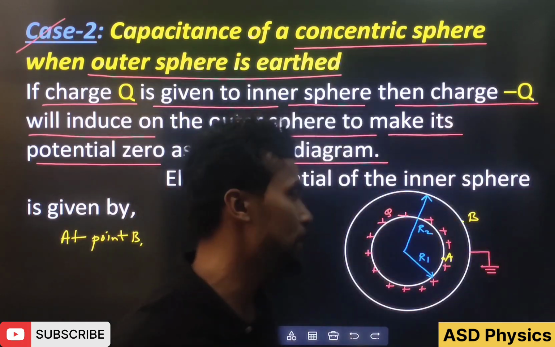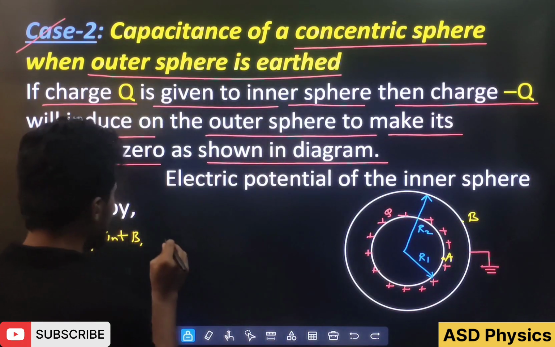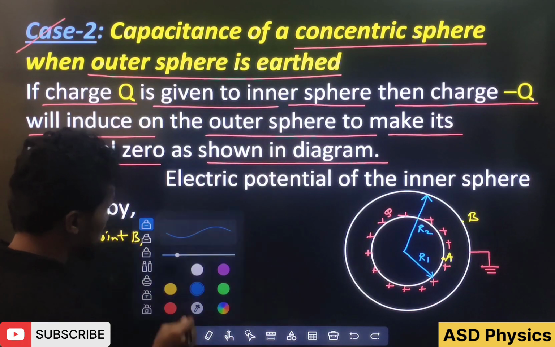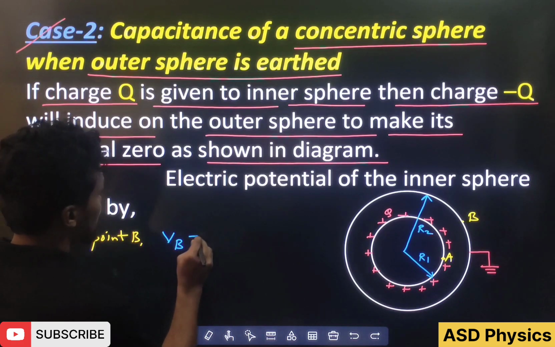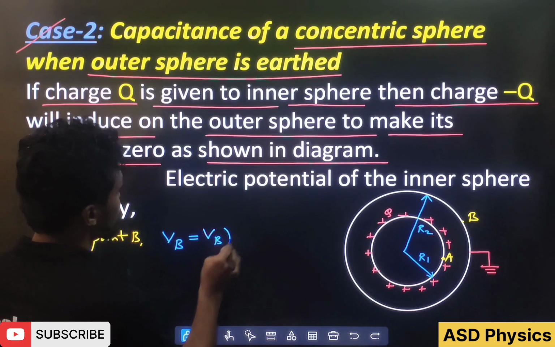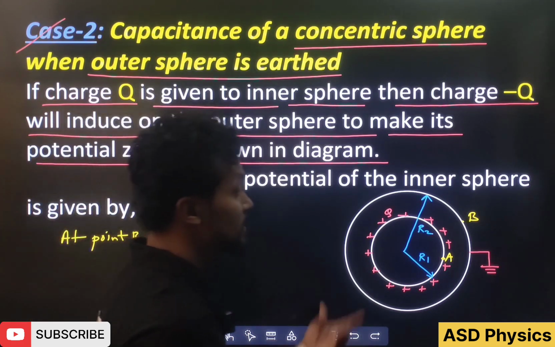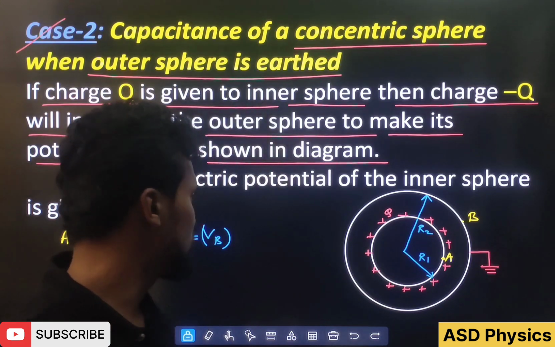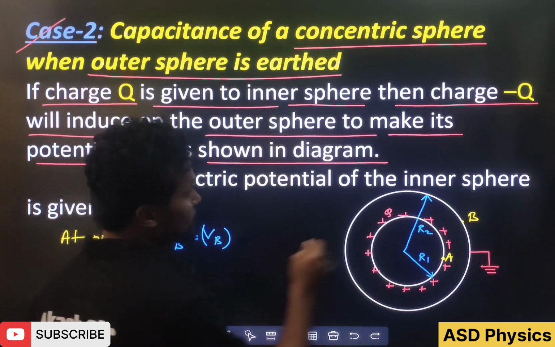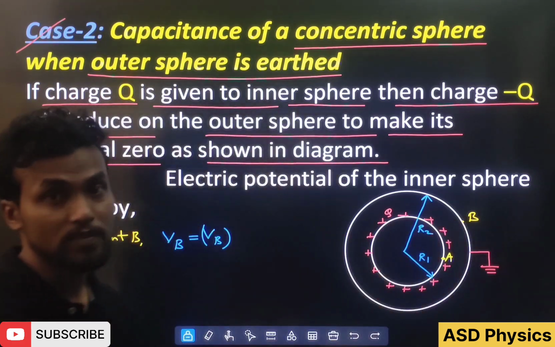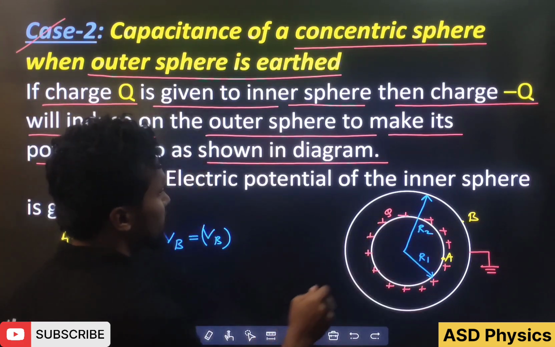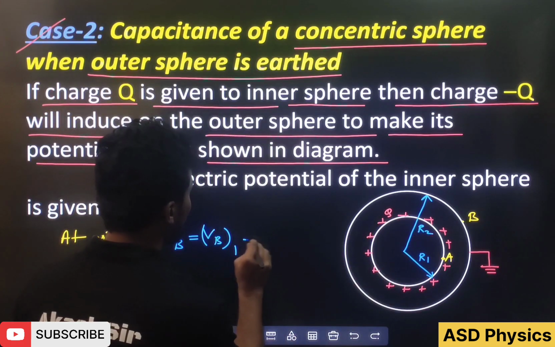Then we'll come to the capacitance formula. Students, you know very well, the potential at point B is due to the inner sphere and also due to the outer sphere. That means VB with respect to the inner sphere, VB1, and VB2.